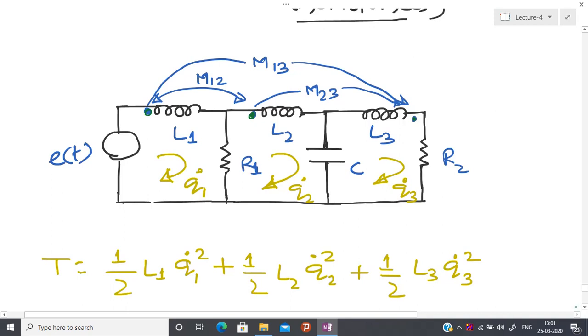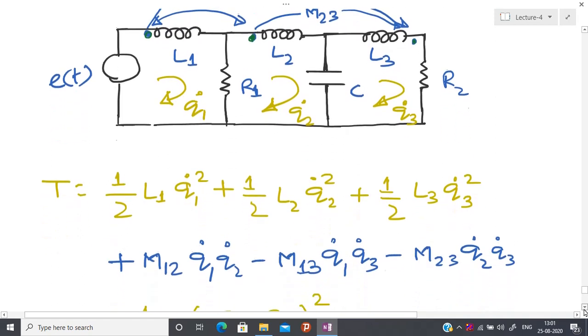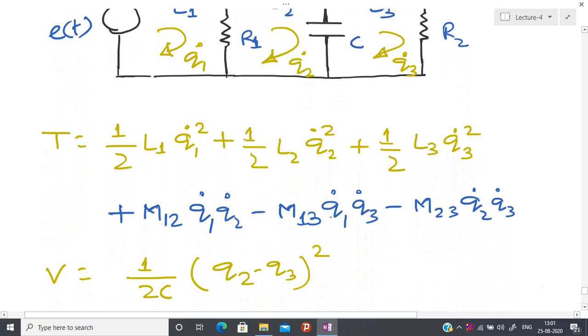Energy is always stored in the form of potential energy in the capacitor, so for all potential energy, the capacitor is responsible. The inductor is responsible for kinetic energy, and you know that mutual interaction comes into the picture once current flows. So that is also part of the kinetic energy, and for that reason I have incorporated that part into the kinetic energy. How to calculate the kinetic energy? That is the product of the velocities.